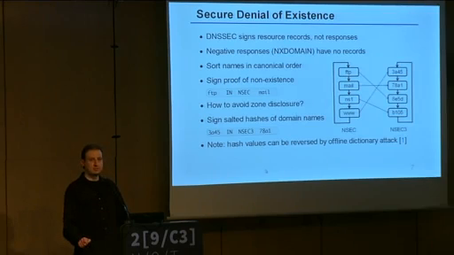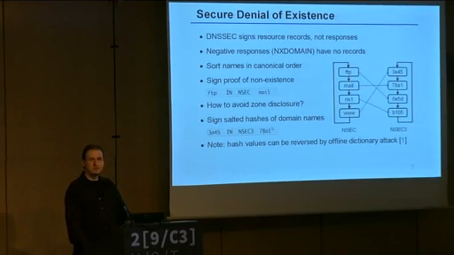There is a domain name with this hash, and there is a domain name with this hash, but in between there are no domain names. And whoever queries for this name can hash the name that we queried for, hula boo, whatever, will get a hash result and will see, okay, this hash result should be in between these two, but it isn't. Okay, so you know this name that you asked for does not exist.